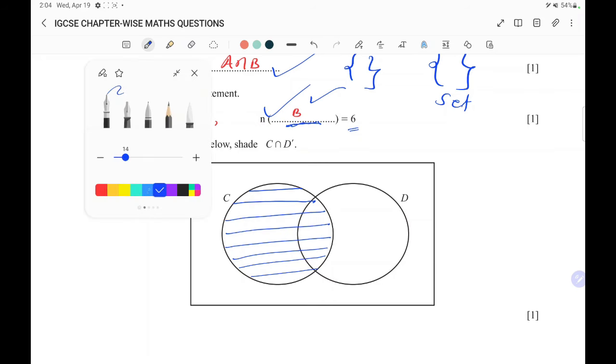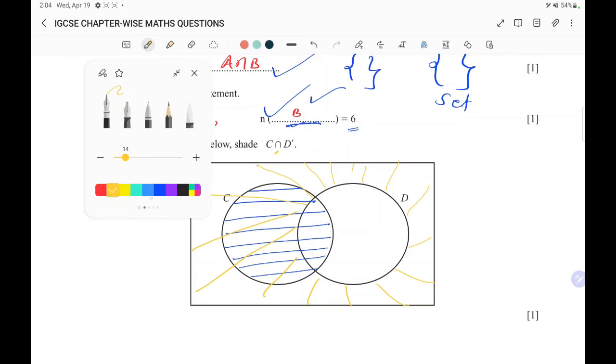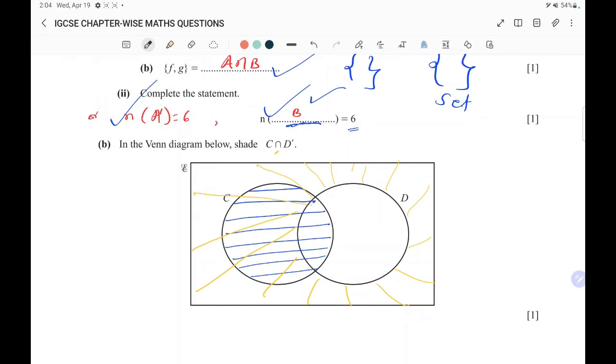And then D complement, I mean D outside. And now it says intersection, it means common, and here you can find common. See, blue and yellow, so this is your common portion, this one only.